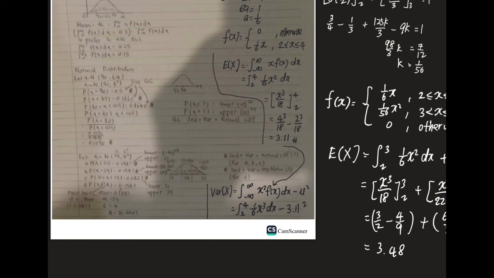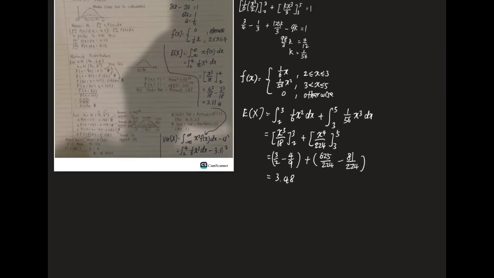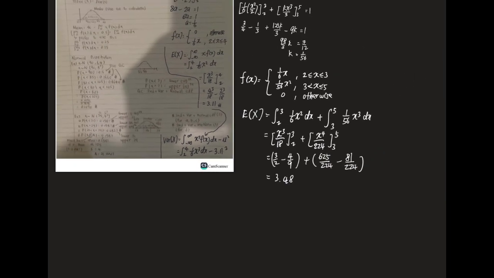Let's see this also. If you have two functions, how do you find the variance? I just show you the starting steps only. You integrate from 2 to 3, you take x squared multiplied with the first function, 1 over 6 x cubed. Then you integrate from 3 to 5, take x squared and multiply with the second function, 1 over 56 x to the power 4 dx.